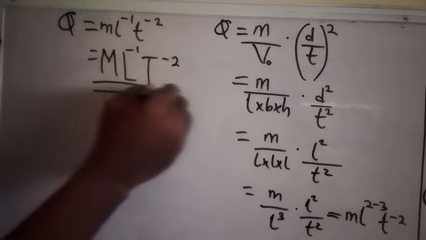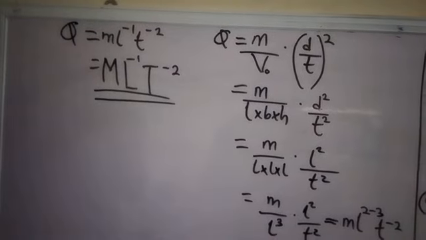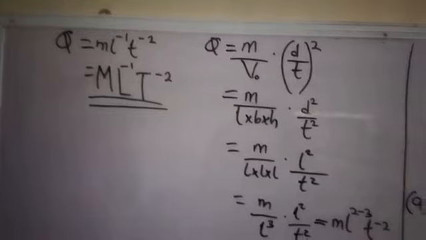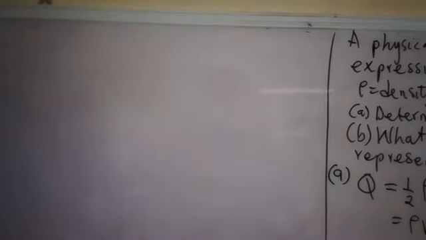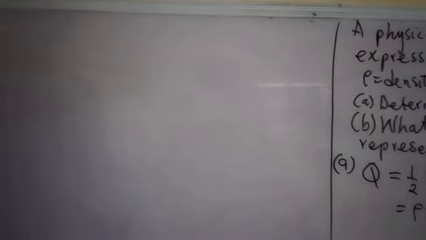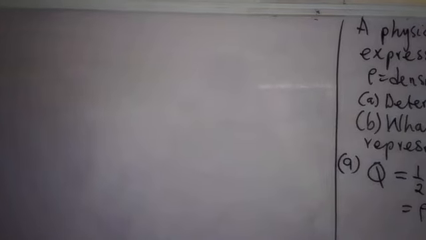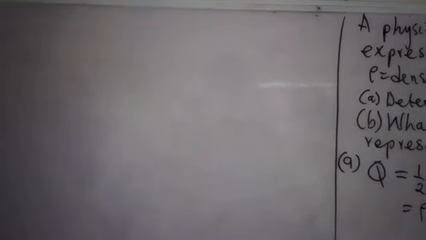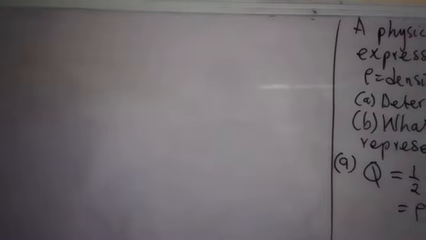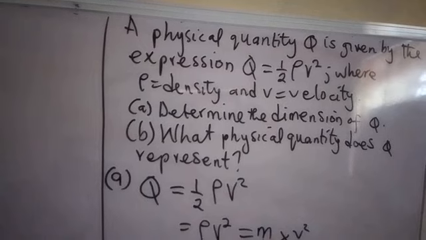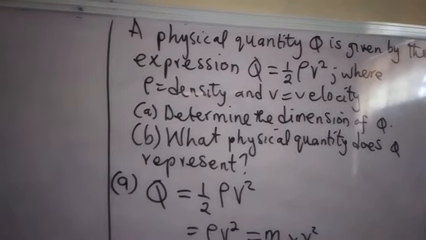And this is the dimension of Q. So now that we've gotten the dimension of Q, can I ask, what physical quantity does Q represent? I can tell you, I have an idea that the Q there actually represents something in physics, but let's find it out.